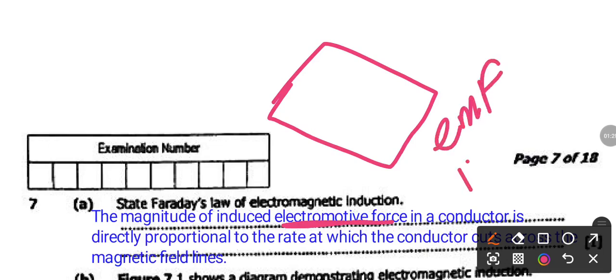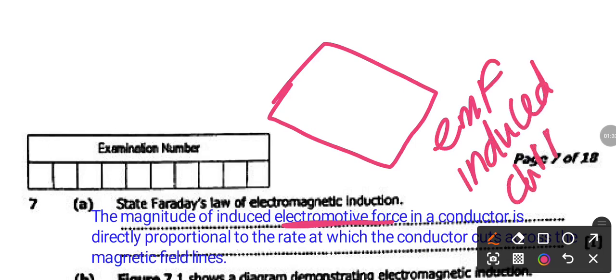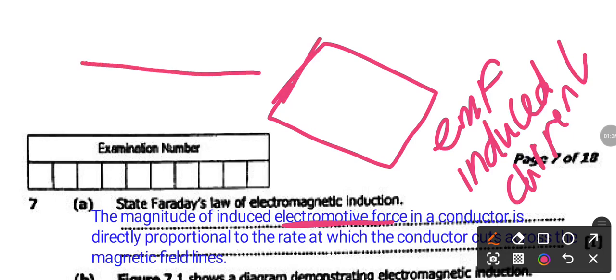It's not an induced current first. An induced current would only take place when we form a closed loop. Suppose we don't have a closed loop, but just a conductor. Then it's only an induced EMF that is present, not an induced current. So it is very important that you say induced EMF by writing the words electromotive force.